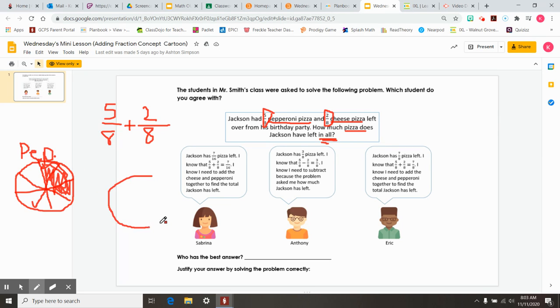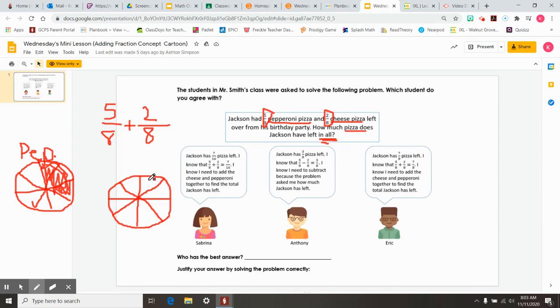And then he also had a cheese pizza, also cut into eighths. And I know that it's cut into eighths because my denominator is the one that tells me how many pieces there were in all. So I have 1, 2, 3, 4, 5, 6, 7, 8 pieces of pizza, and it says there were 2/8 left.